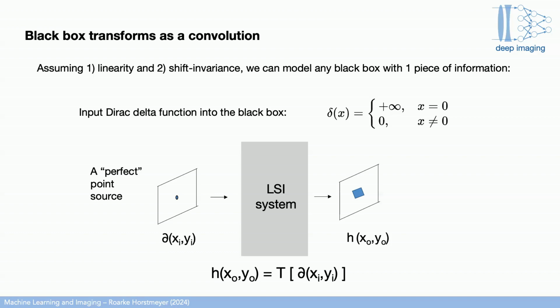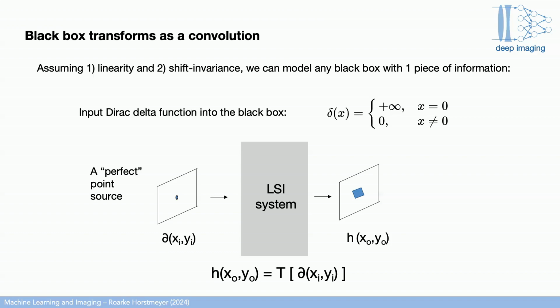Let's put a point source as the input, a perfect point source. Mathematically speaking, the input to our transformation is going to be a delta function. Impulse is another term for this: something with a large value at one spatial location and zeros elsewhere. Okay?